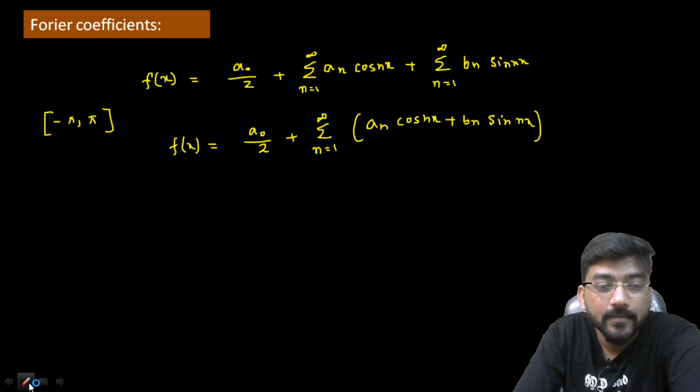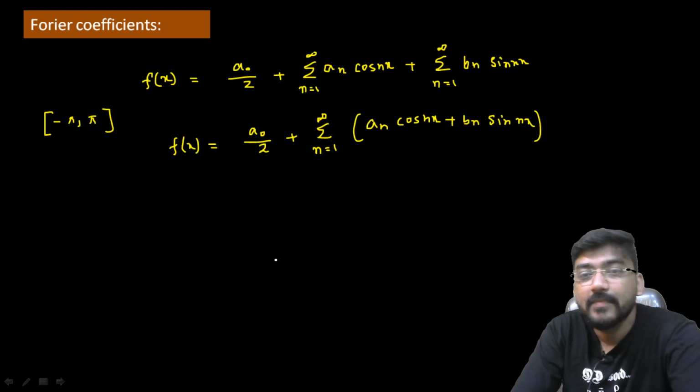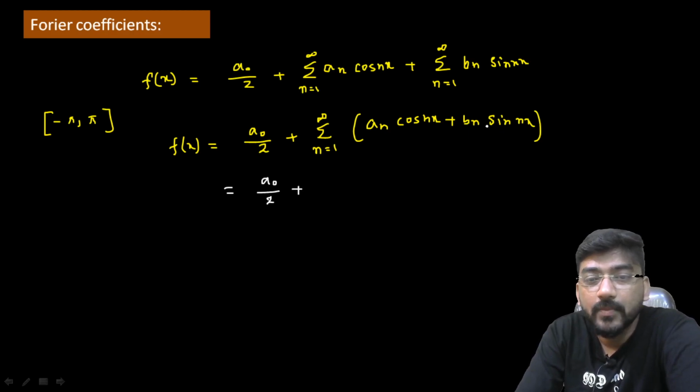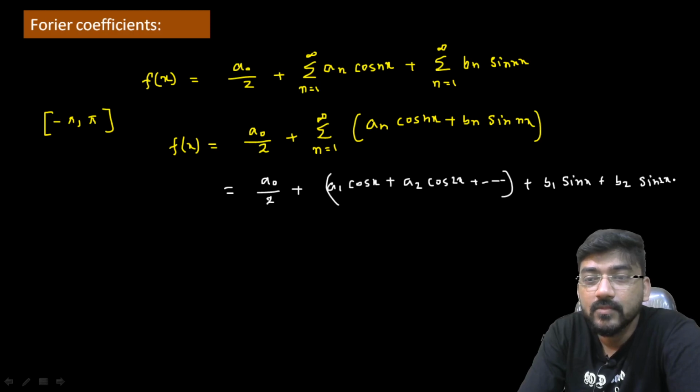Now let me tell you how you can find these coefficients. If you want, you can write this series in this way also: a0 by 2 plus, you can open this series, so this will be first a1 cos x plus a2 cos 2x, something like this, plus b1 sin x, plus b2 sin 2x, and so on.